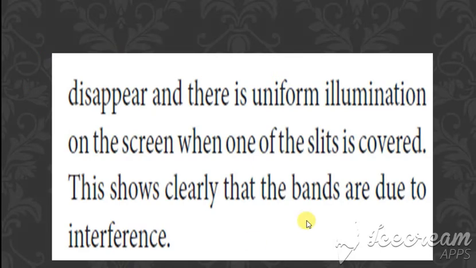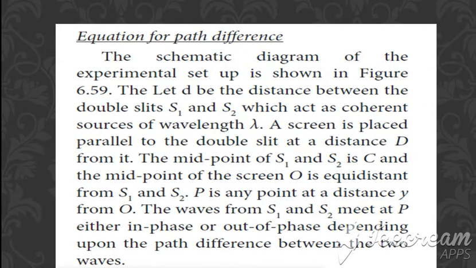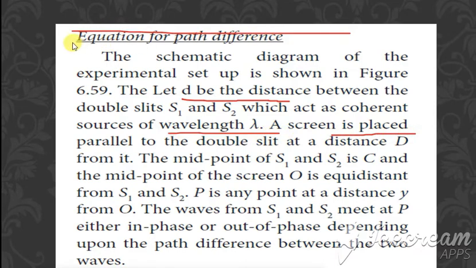Clear? And here we have the equation for the path difference. The diagram is given, and let d be the distance between the two slits S1 and S2. Between S1 and S2, the slit distance is what? Small d, and the light has wavelength lambda. The screen is placed. The distance between the slits and the screen is what?